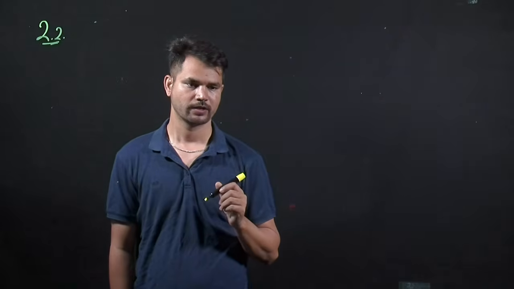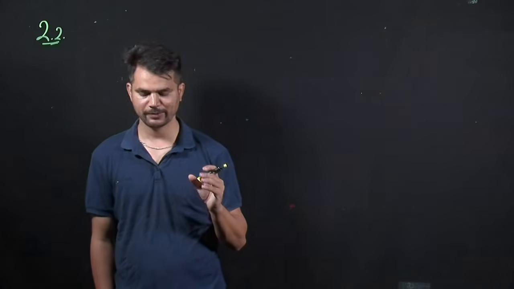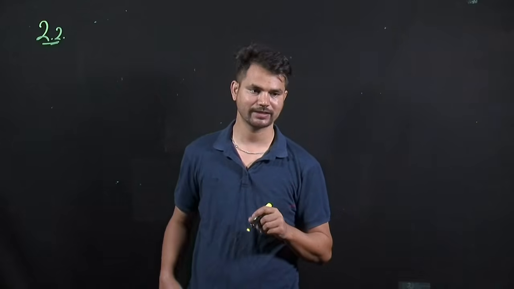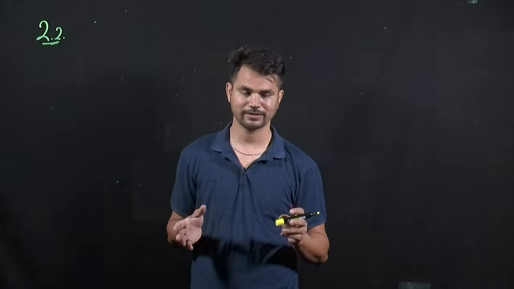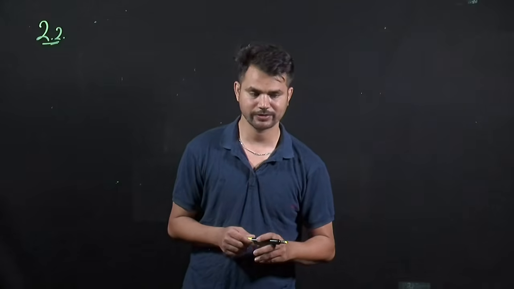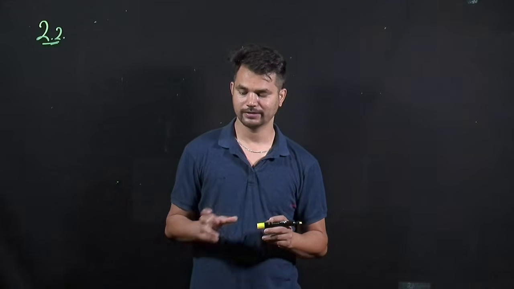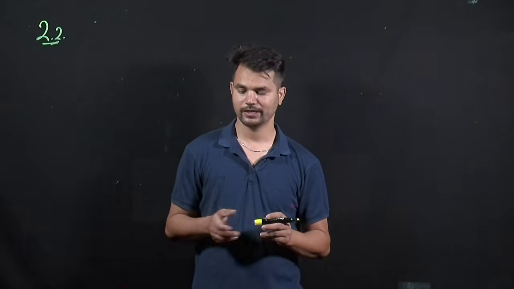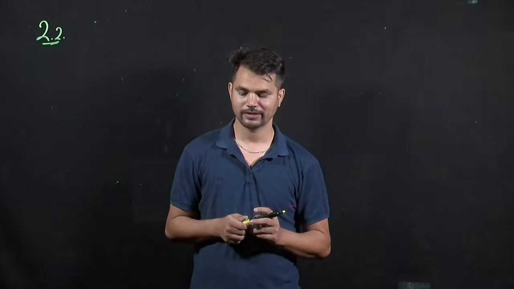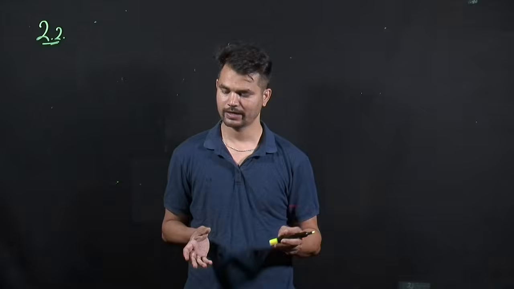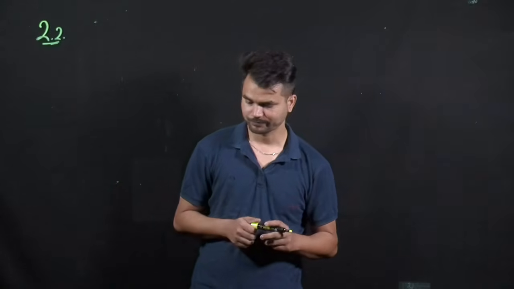It asks about the dimension of bulk modulus of elasticity: whether it has the same dimension as pressure by density, or, for option B, pressure by volume, or the same dimension as pressure.